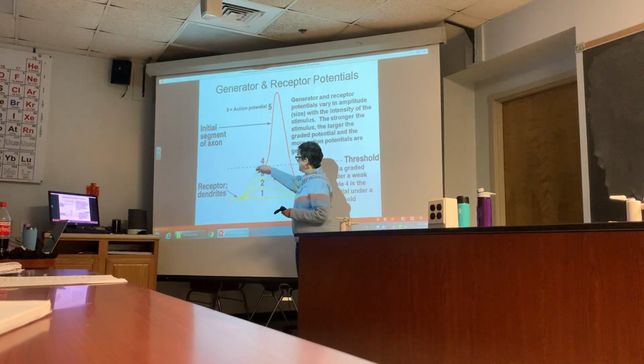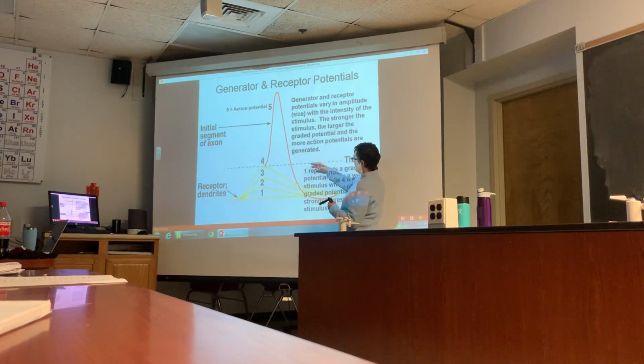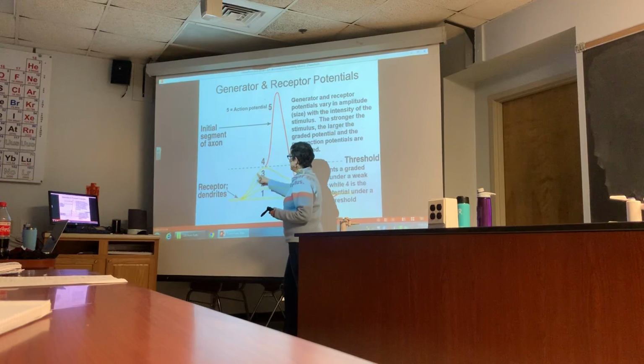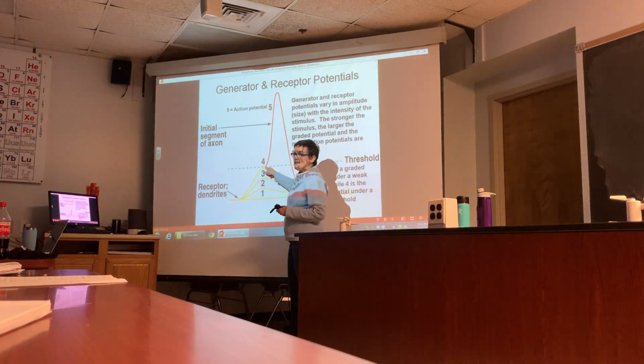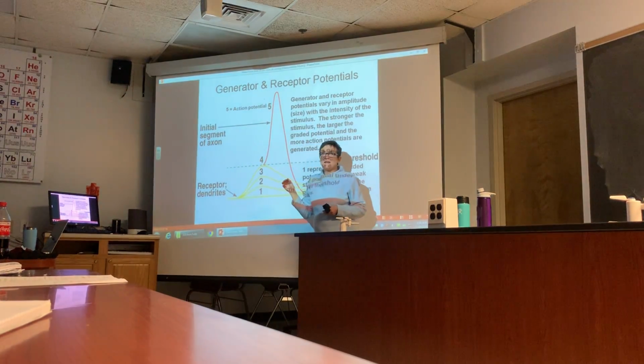But when you hit, I guess it's 3 or 4, I'm not sure, 4 is threshold, but anyway, when you reach that third line here, that is a threshold stimulus, and that's enough stimulation to generate an action potential in the axon.